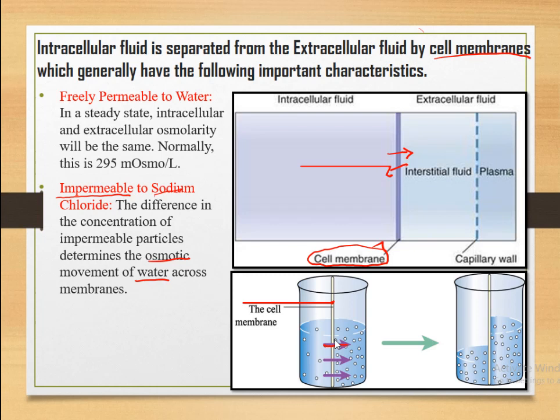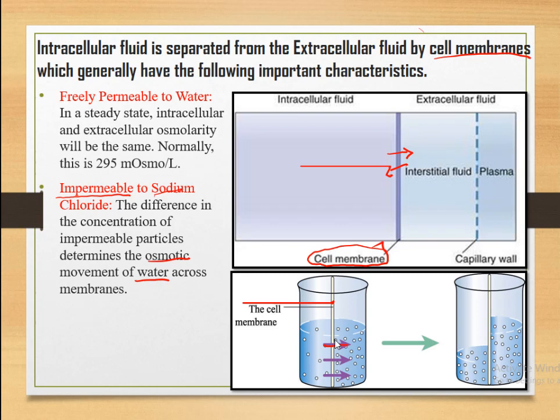Because now the water in the cells is less. There is a difference in the water. When you have a lot of water in the body, the cells will be releasing the water, and that's why you are going to visit the toilet and other things.